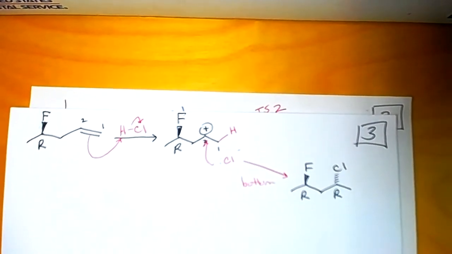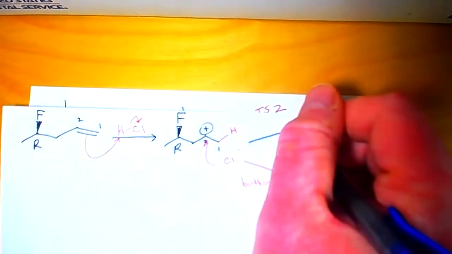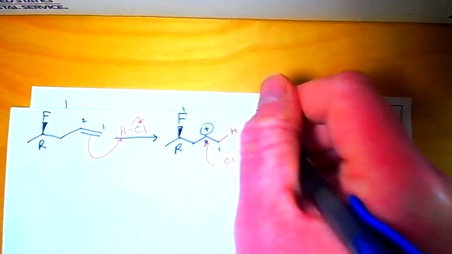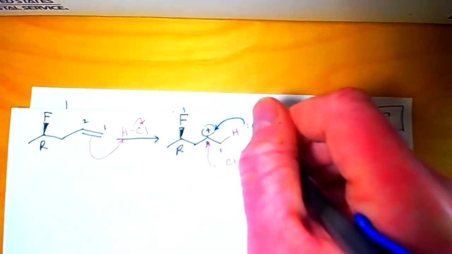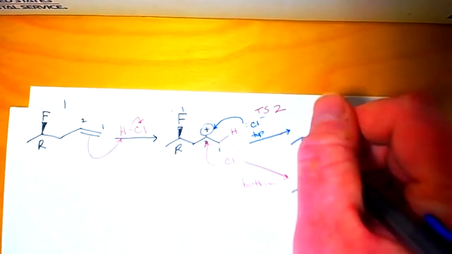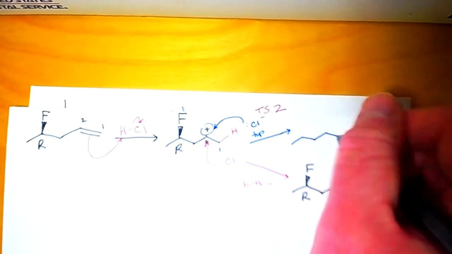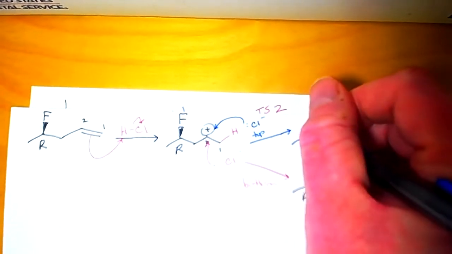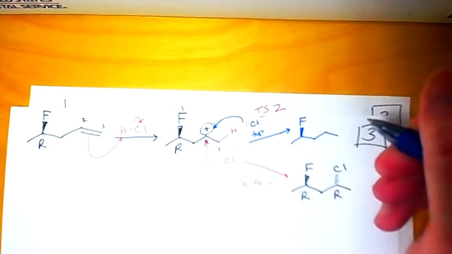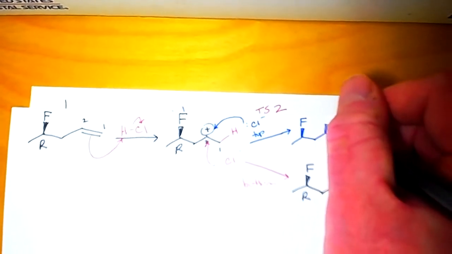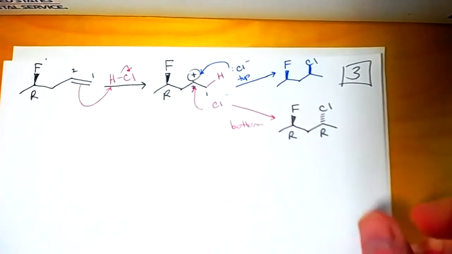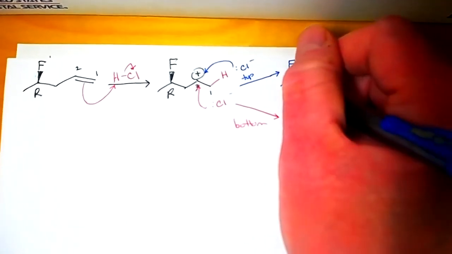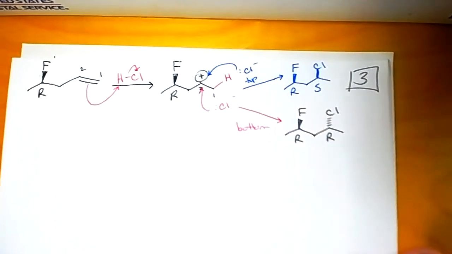But if the chloride were to attack from the top face above that carbocation and add in, again your fluoride would remain unchanged, but now the chloride that you've added in is going to be wedged up as well. And so this is going to be RS configuration.